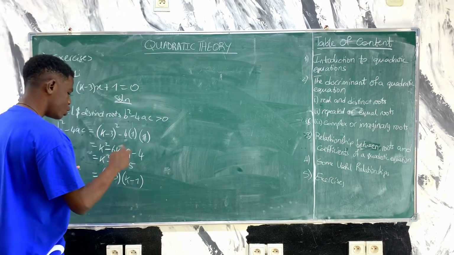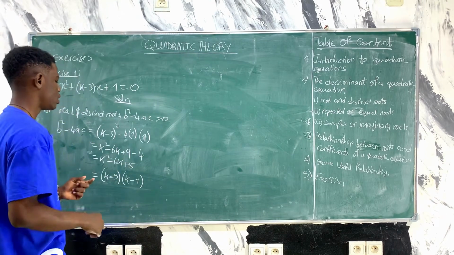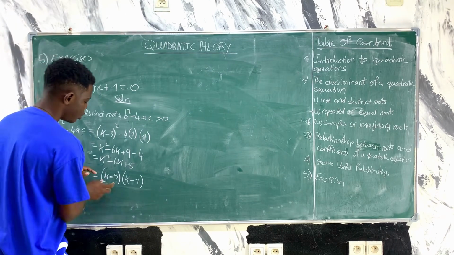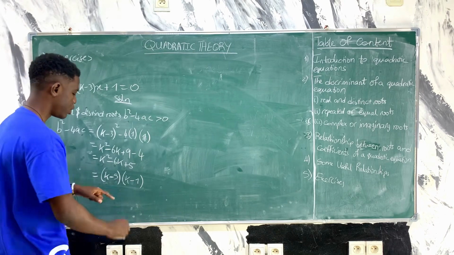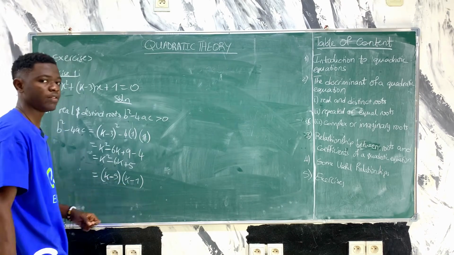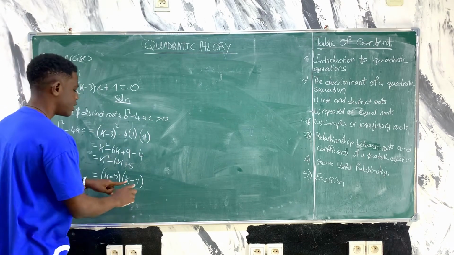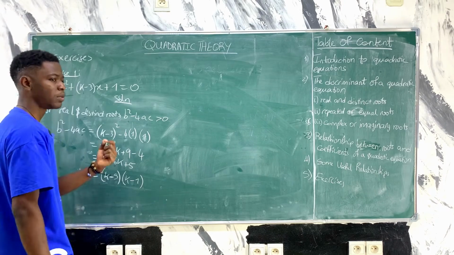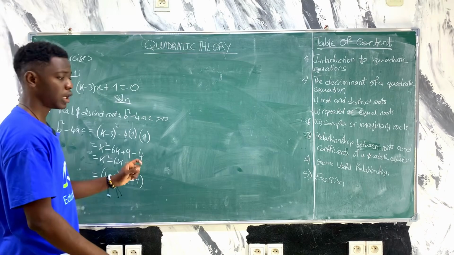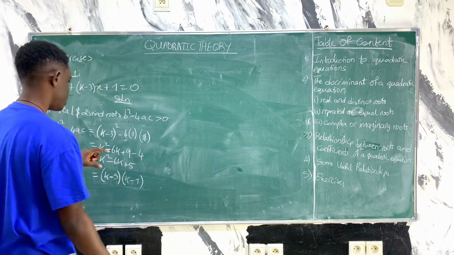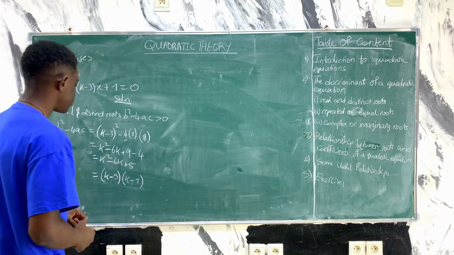To have the factor, you just take the negative of the values and put it next to k. Because we have 5 and 1, I'll put negative 5 here, minus 1 here. If I had minus 5 and 1, I would have put 5 and minus 1. If I had minus 1 and minus 5, I would have put 1 and 5. The order does not matter. You can put one before the other.